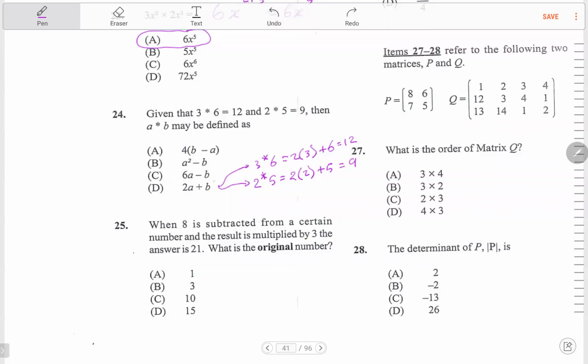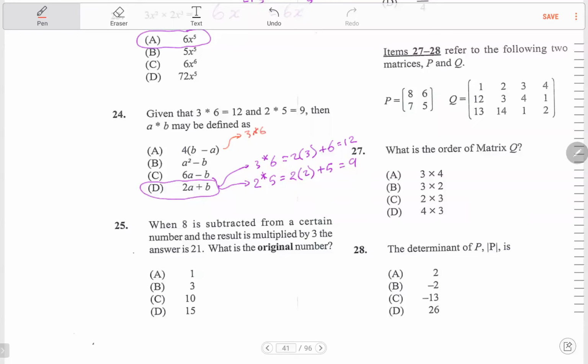So that is why this is the last one. If you try with the others, you won't get the values. Let me give you an example of trying with the first one. I'm doing the 3 star 6.